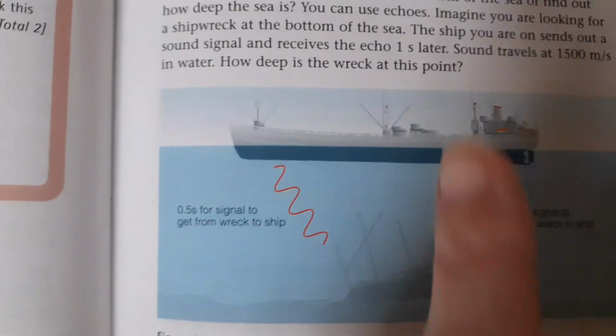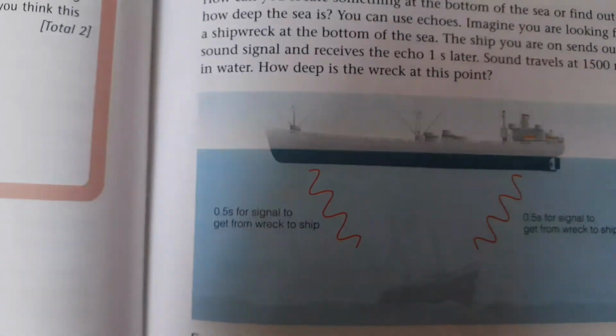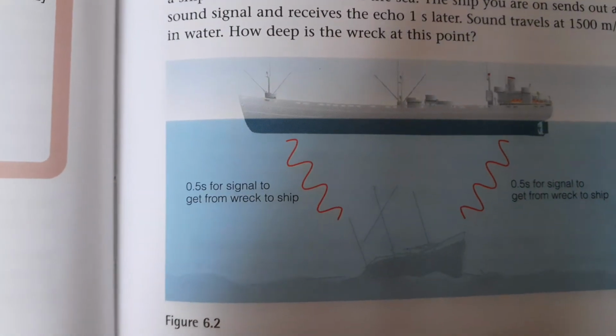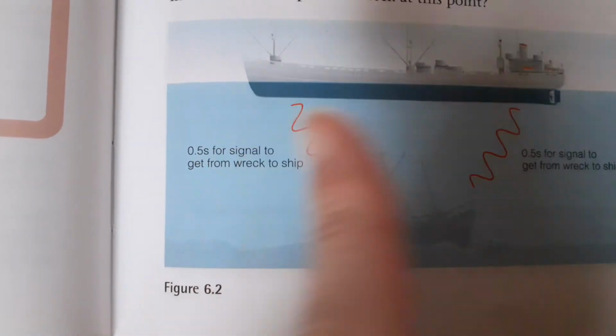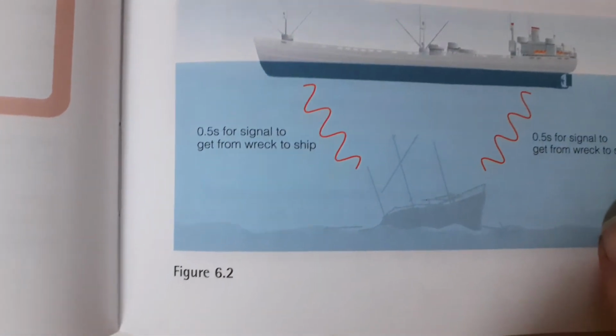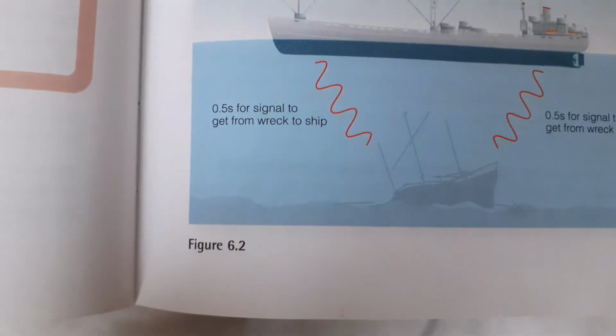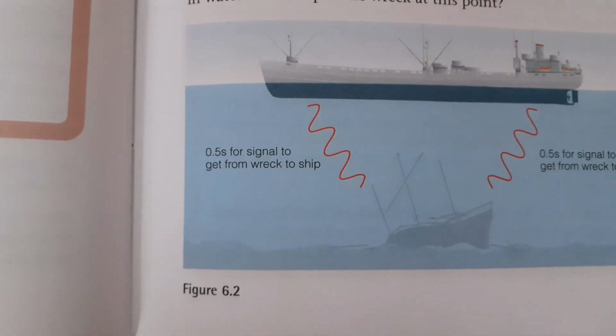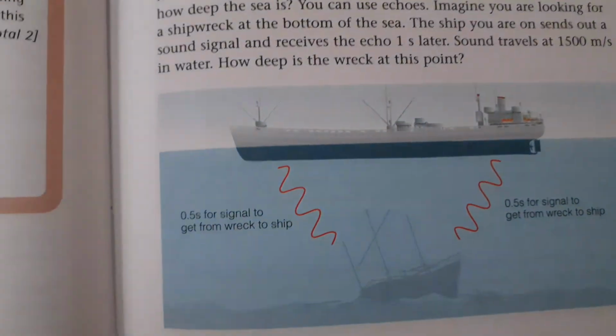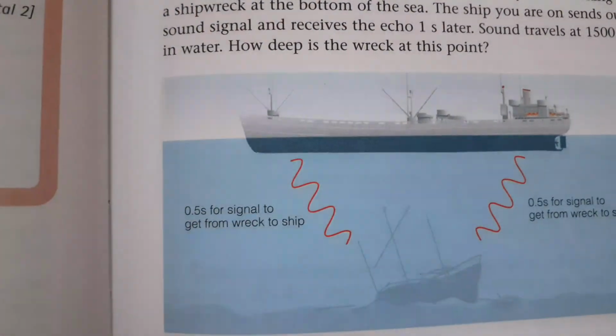So you've got double the distance. So you know the speed and you know the time, because in this case it took 1 second, half a second to go down, half a second to come back. And you would have to do the distance is time multiplied by speed.